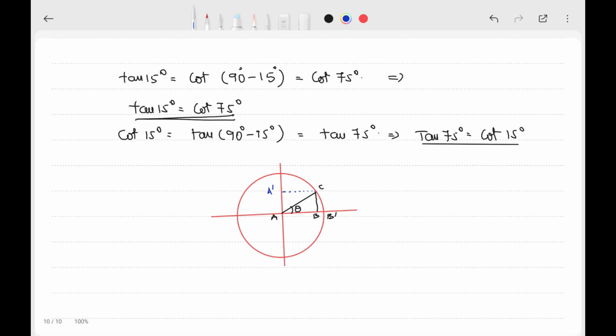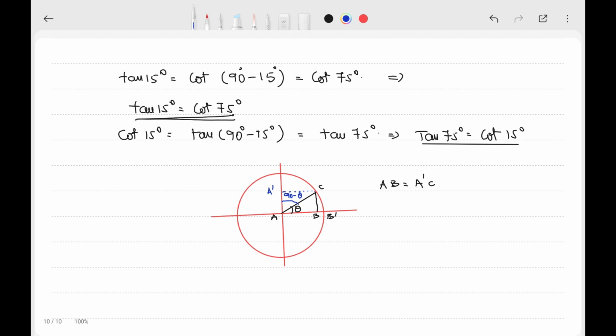AB is equal to A dash C. From the geometry, AB is equal to A dash C. And if it is theta, this angle will be 90 minus theta. Agreed? This is the circle you keep in your mind.